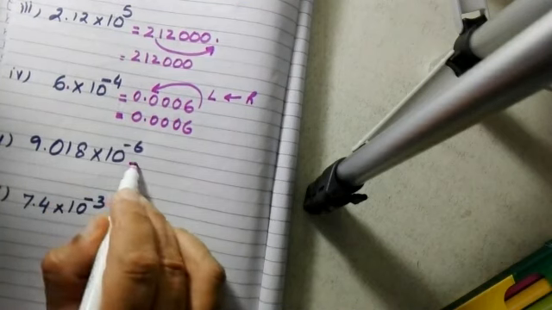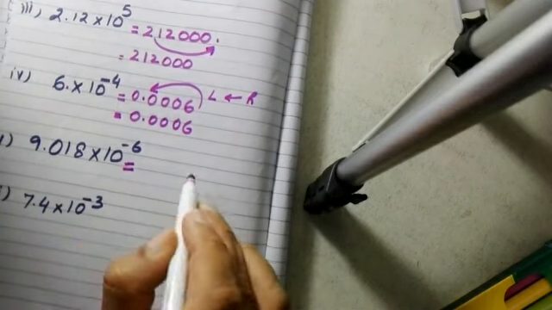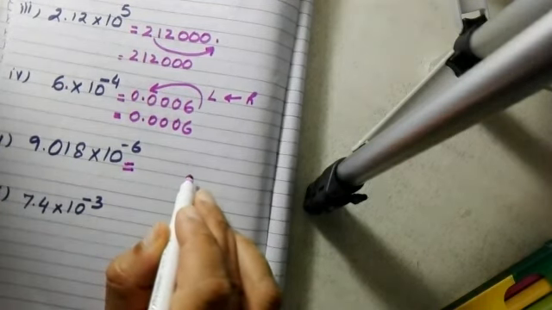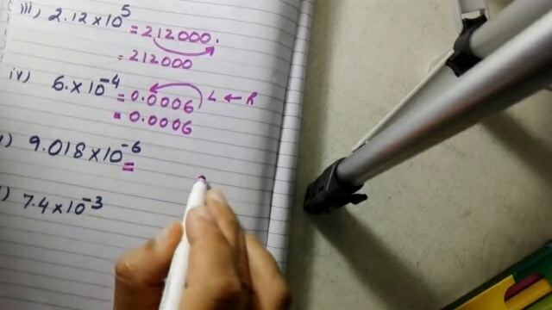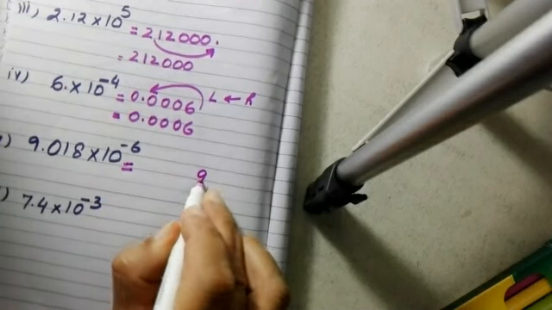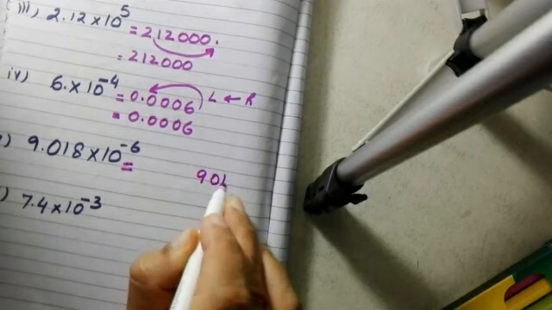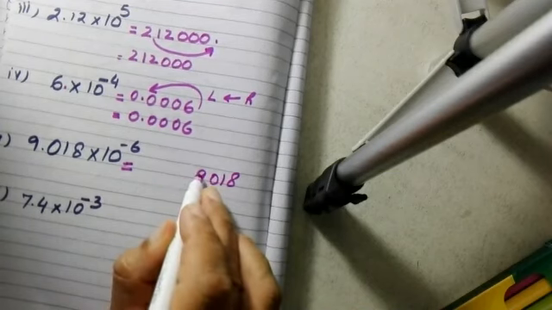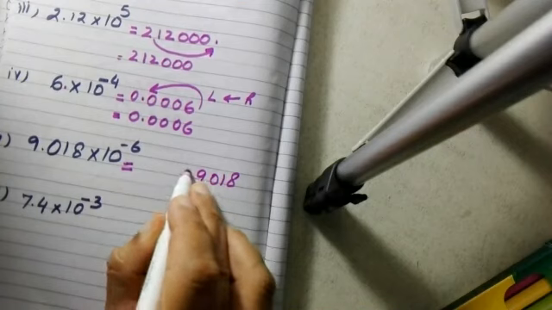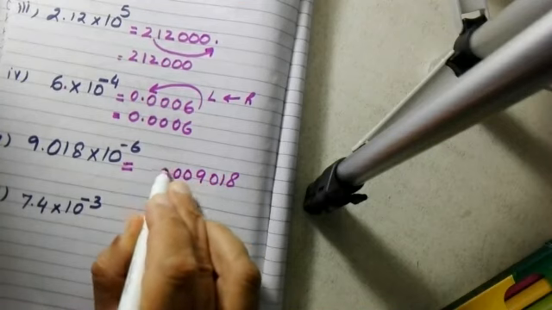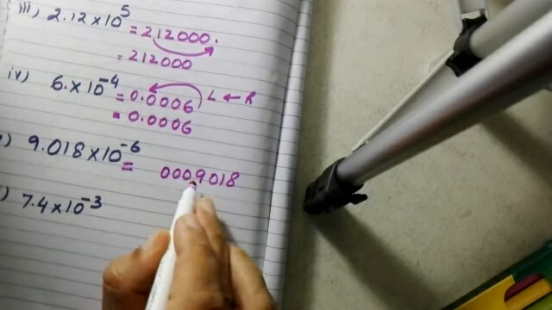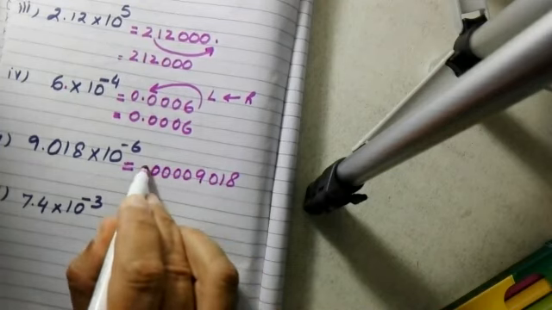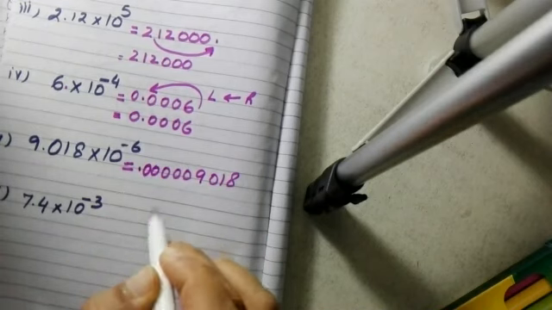In a similar way, if you look at another example, you have to start writing the number a little bit ahead so that you can place the zeros in the backward position. So it is 9018. So you are shifting the decimal from this position 6 digits back. So 9 will be included as the first digit, and further you have to add zeros. You can see that we have to move 6 decimals. So 1, 2, 3, 4, 5, and 6, and then a decimal will be placed here.